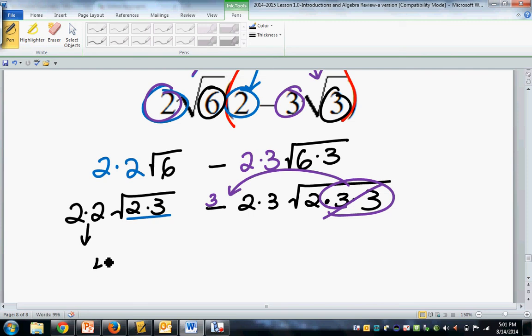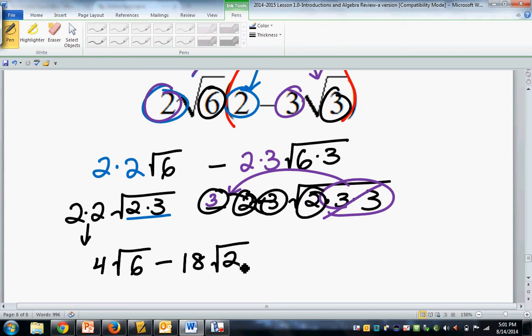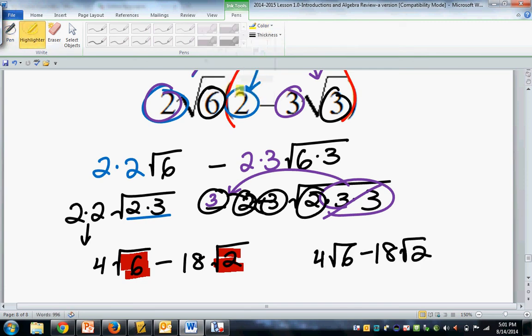Next line reads, 2 times 2 is 4, root 6 minus 3 times 2 is 6, times 3 again is 18, square root of 2. These are not alike kinds, so we're going to stop right here. 4 root 6 minus 18 root 2.